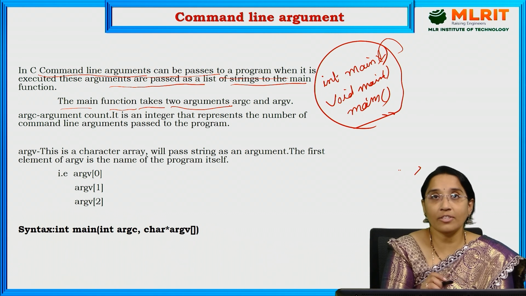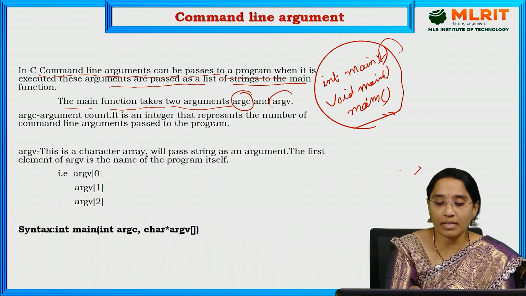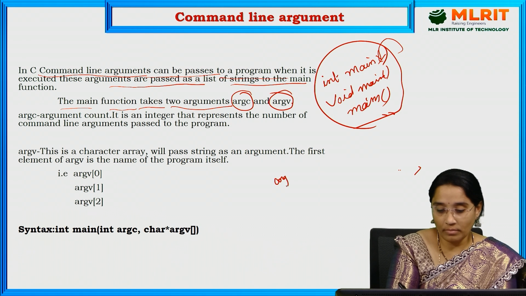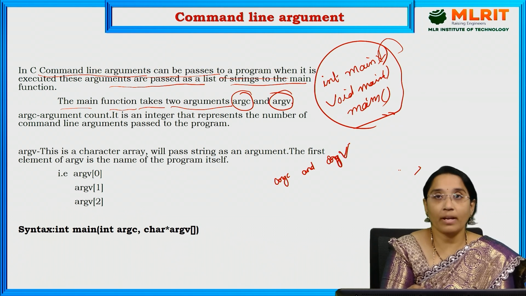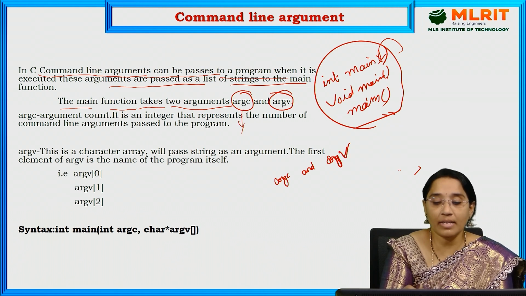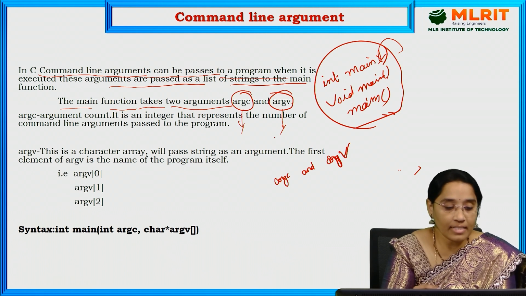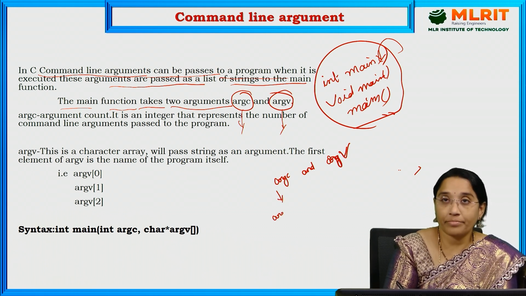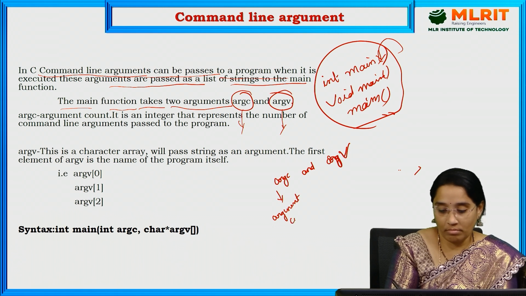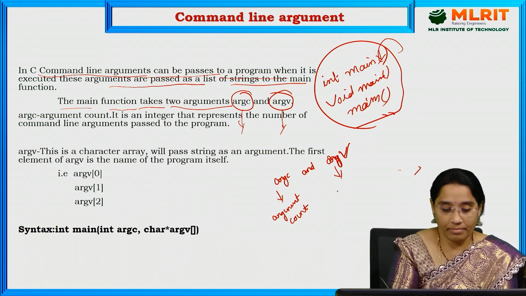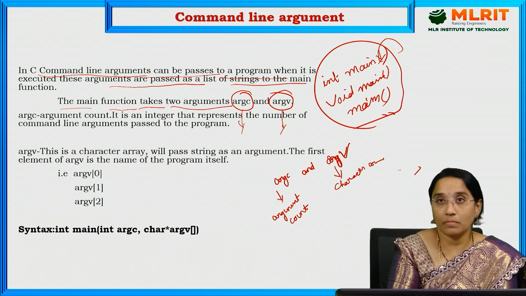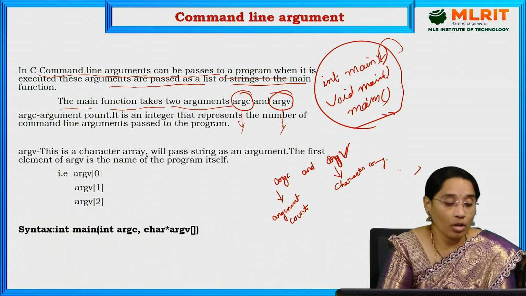What are those two arguments? argc and argv. argc is nothing but the argument count, and argv is a vector, a character array.